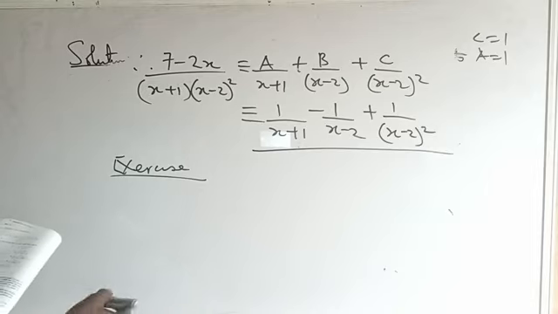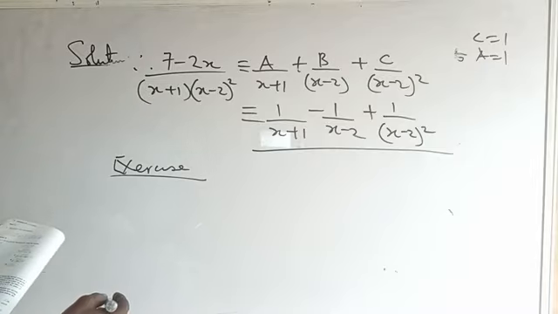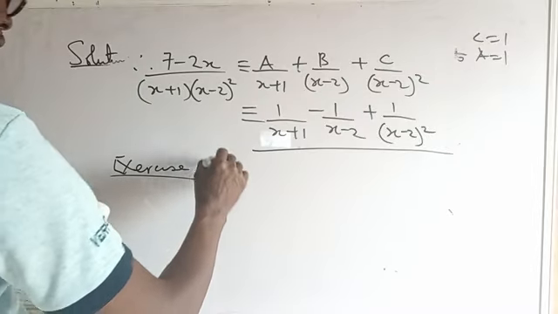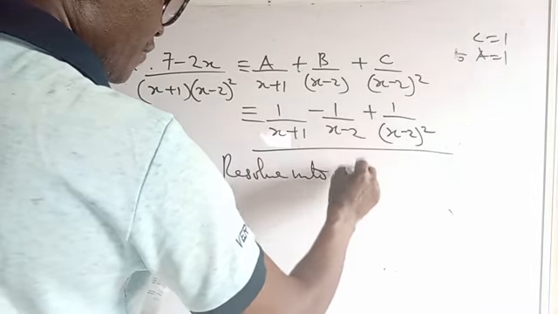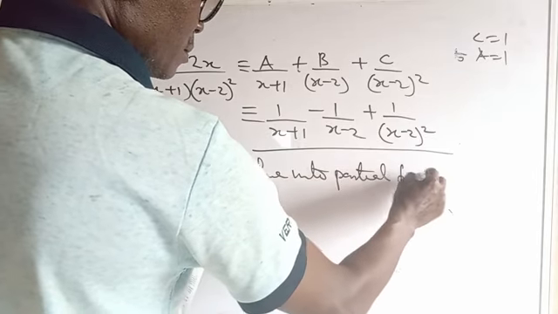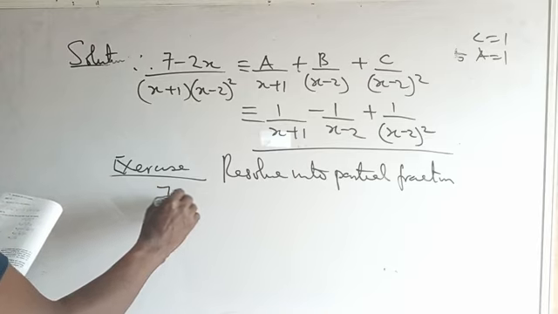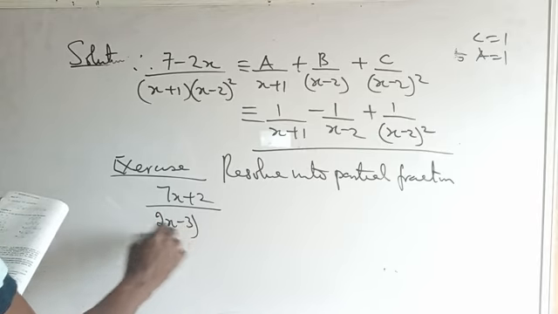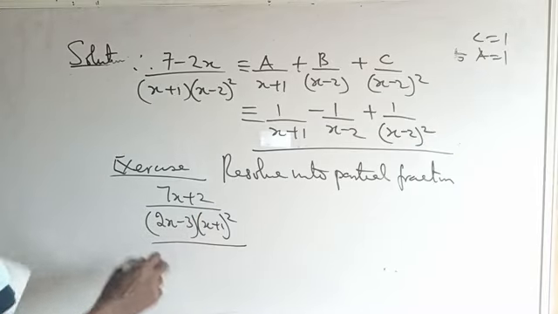Resolve into partial fractions: 7x plus 2 all over 2x minus 3 times x plus 1 all squared.